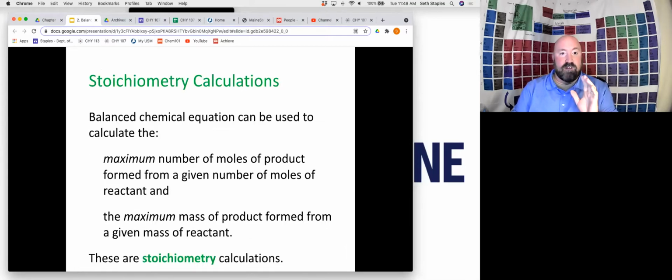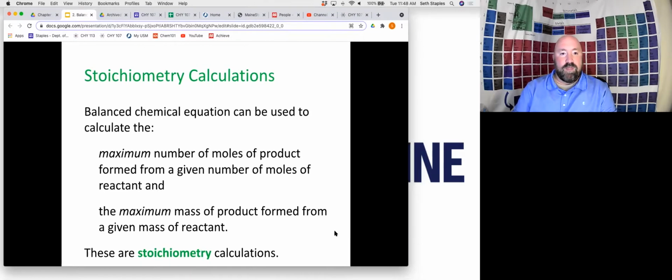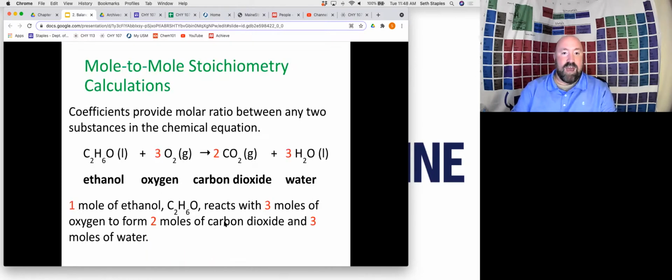And so for instance, actually we'll look at an example in a second, but we can do a number of different things with a balanced chemical equation. We can look at the maximum number of moles of product formed from a given number of moles of reactant. And we can also look at the maximum mass of a product formed from the mass of a reactant. And we'll look at examples of these.